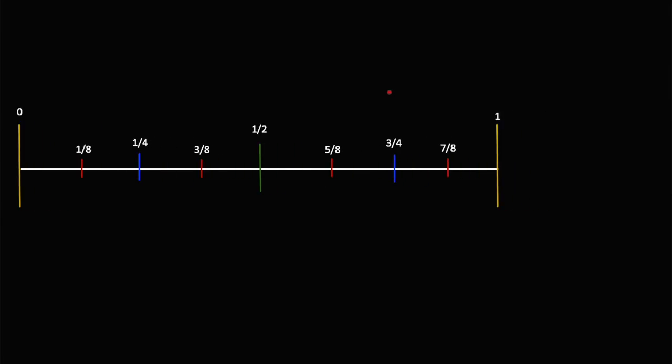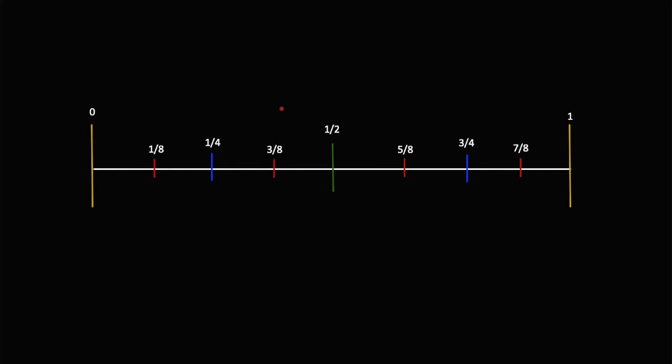Another way we could show this is using a number line. We know that we have 2/4, 3/8, and 1/2. So how do we do this? Well, let's start with 2/4. Again, we're going to look back at equivalent fractions. We see that this is 0 and that this is 1/4, but I don't see 2/4.